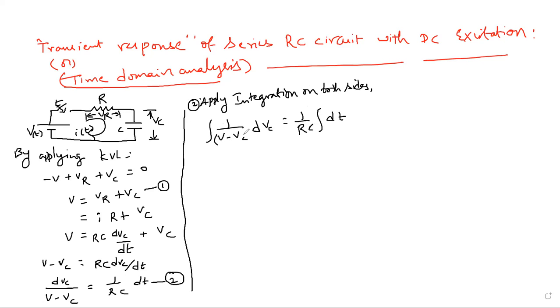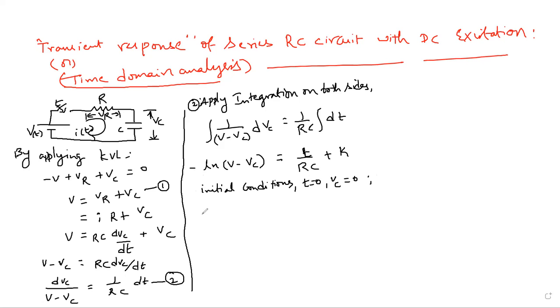Same formula: minus ln of V minus Vc equals 1 by RC is a constant, into t. So shall I write directly t by RC plus k? This is an indefinite integral, so k is the integration constant. How to calculate the value of k? By applying initial conditions. What are the initial conditions at t equal to 0? Your Vc value will be 0.